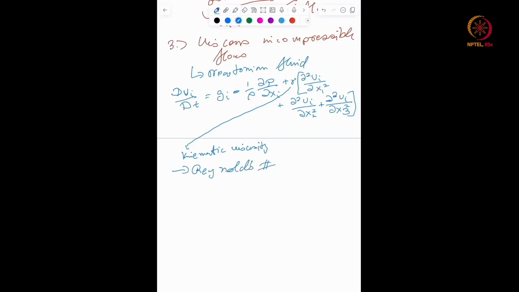Which is basically the ratio of inertia forces divided by the viscous force. Okay, in the limiting case of vanishing Reynolds number, the inertial effects become negligible, and this equation reduces to the Stokes flow, which contains no nonlinear terms.